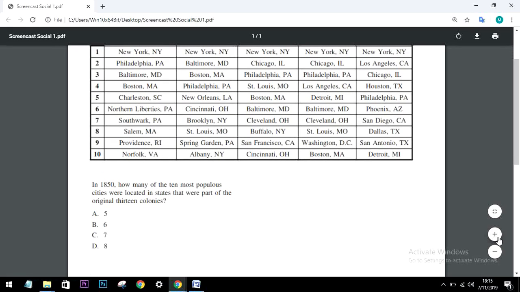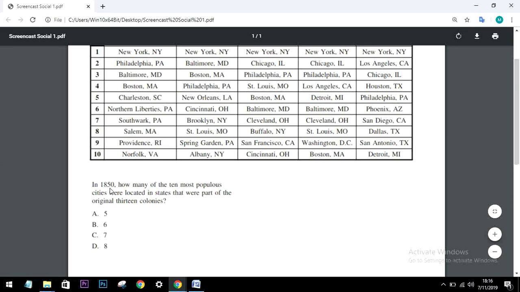So question here, in 1850, how many of the 10 most populous cities were located in states that were part of the original 13 colonies? If you are not familiar with the 13 colonies, then it would be impossible for you to answer this. I can definitely say that you will just guess the answer. But let's take a look.